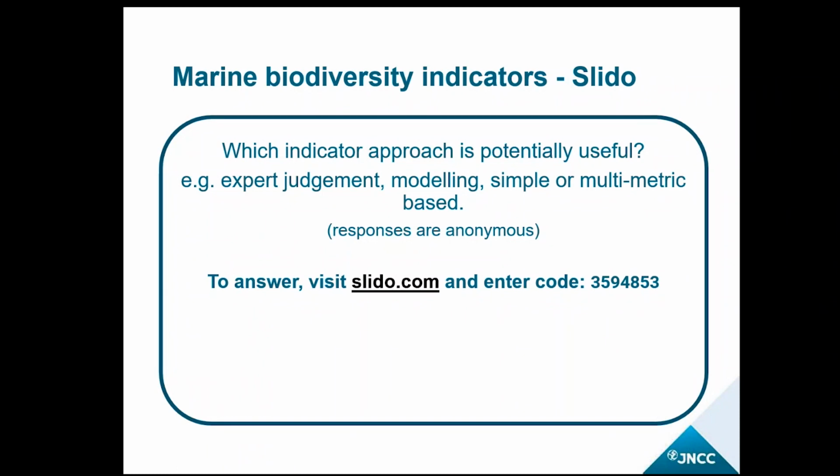And then there's the simple multi-metric methods, which are based on ecological monitoring, but obviously you then need quite a lot of resources for that monitoring. The poll should be on now, so hopefully you can click on which approach you think would be potentially the most useful.